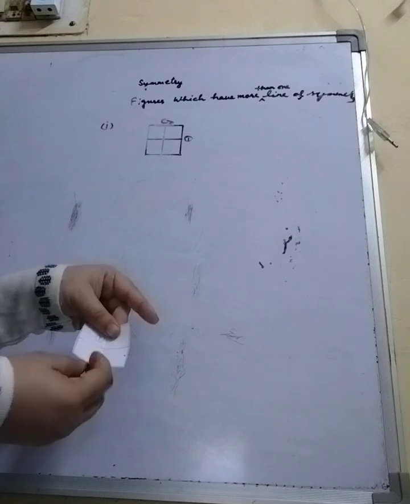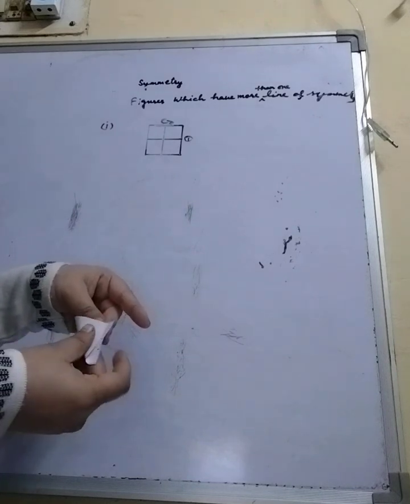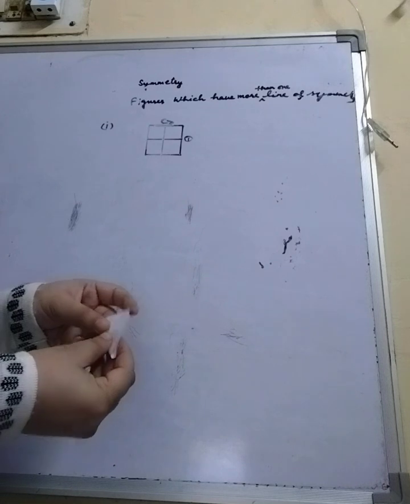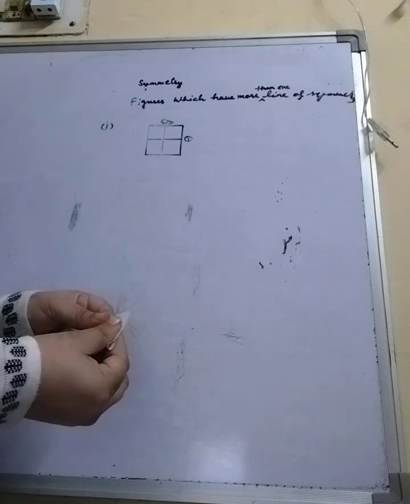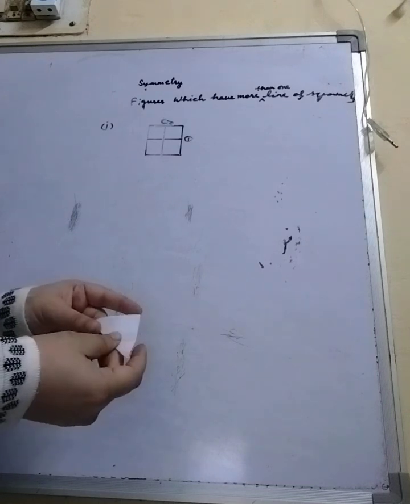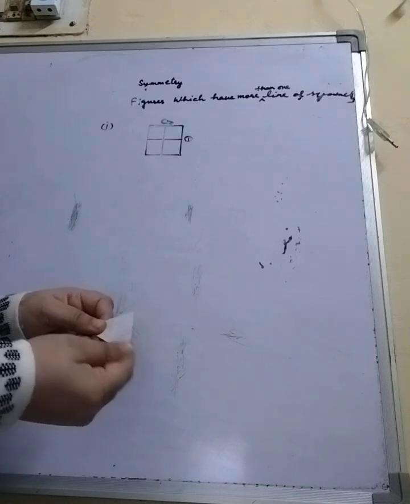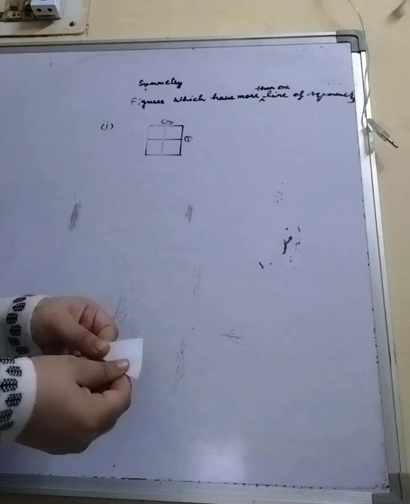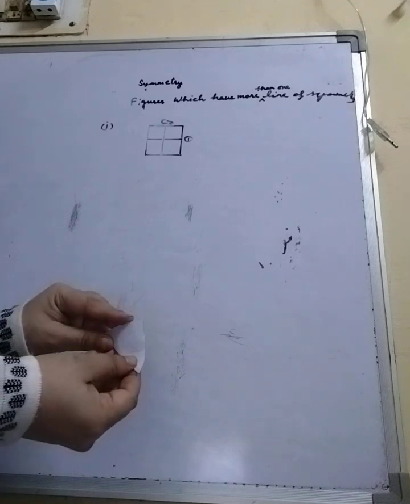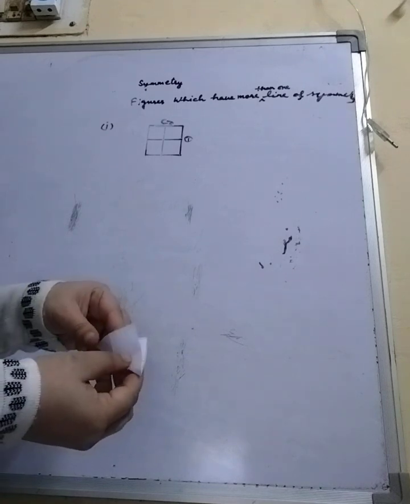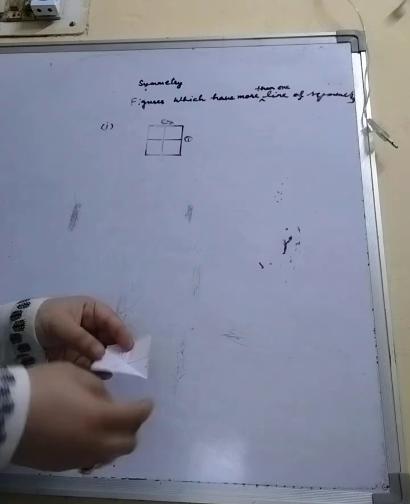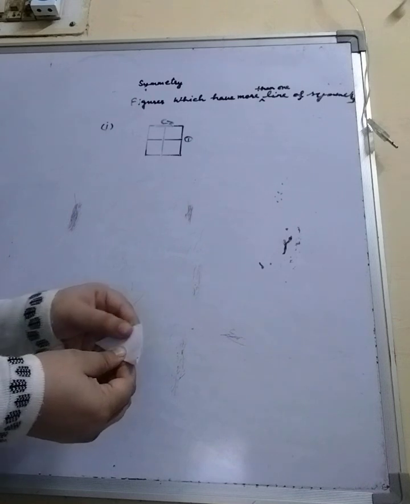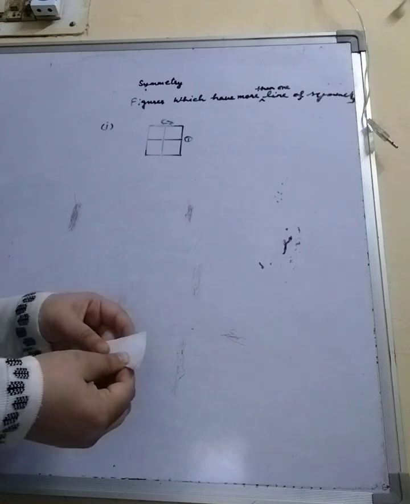So if I fold it along the corners of the square, then also this would have a symmetrical one part overlapping the other. Okay, so diagonals are the lines which join opposite corners. So I have folded one corner over the other.